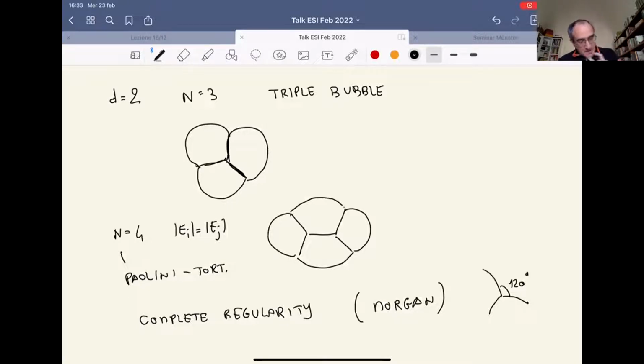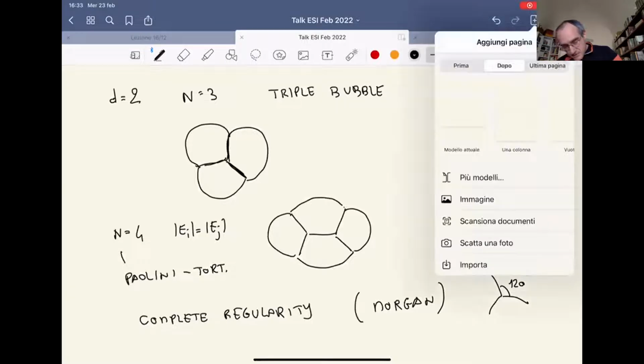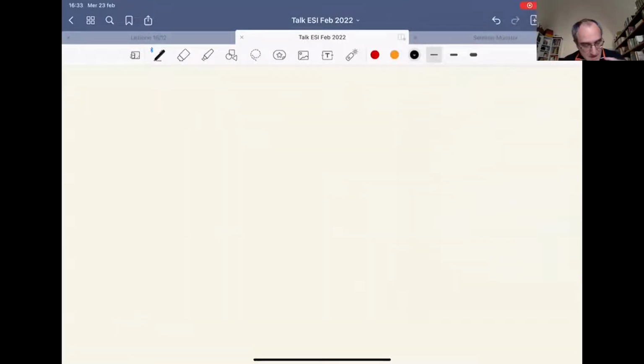Essentially the first results about this problem are due to Almgren and his group, in particular the work by Jean Taylor and Frank Morgan.